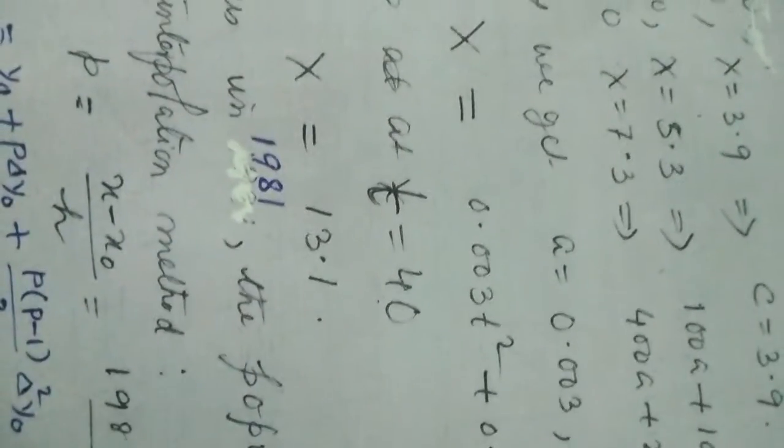Let us assume that population x is equal to this second degree polynomial. You can do it in this method, or the interpolation method, which I will tell you. After finding the value of a, b, c, solving.